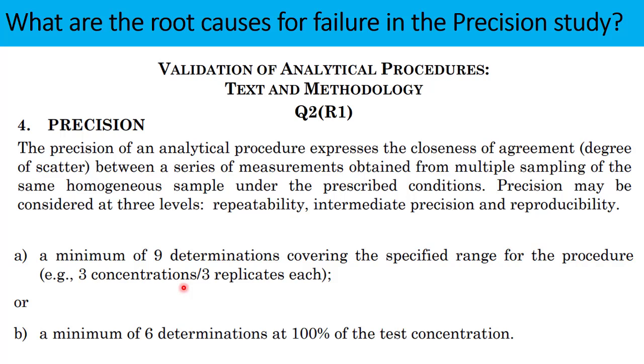So that way you have three different levels, and each level has three different determinations. So altogether you will get the 9 determinations. This is one way of conducting the precision study. But in case you do not want to conduct the precision study with 9 determinations, you can conduct it with 6 determinations, but at the 100% of the test concentration or at your specification level. So this is how the precision study can be carried out.